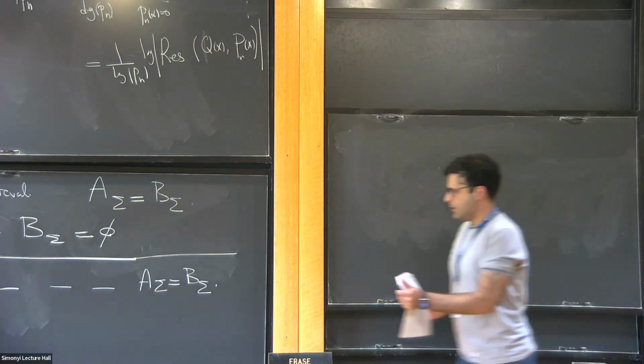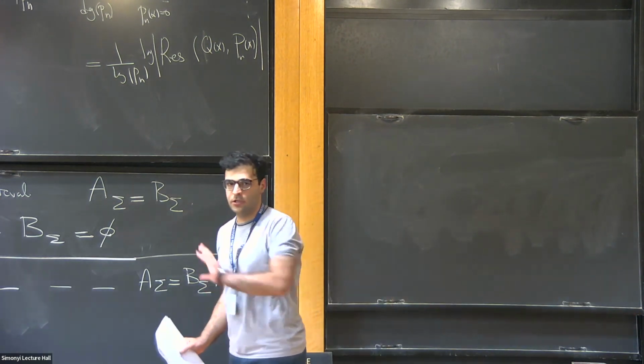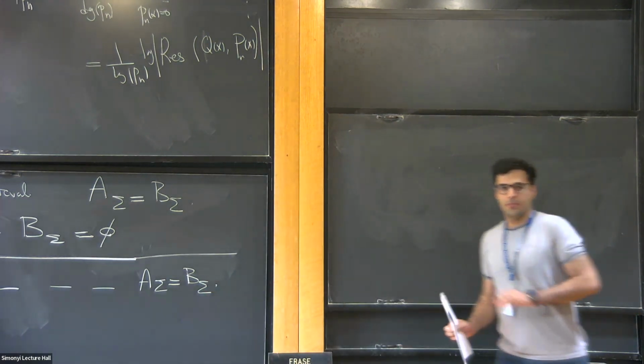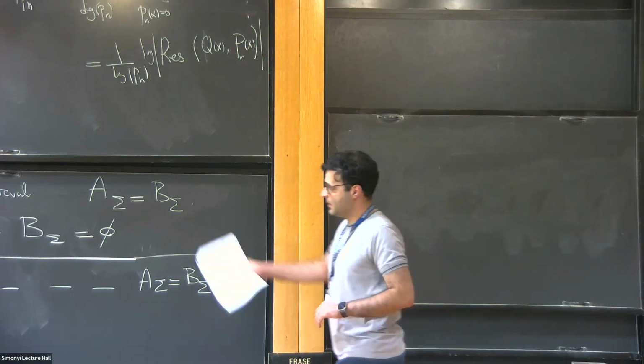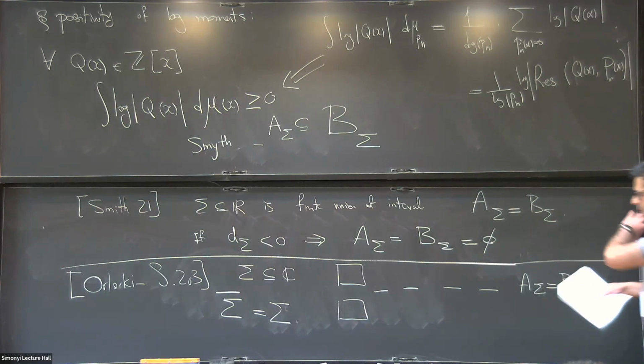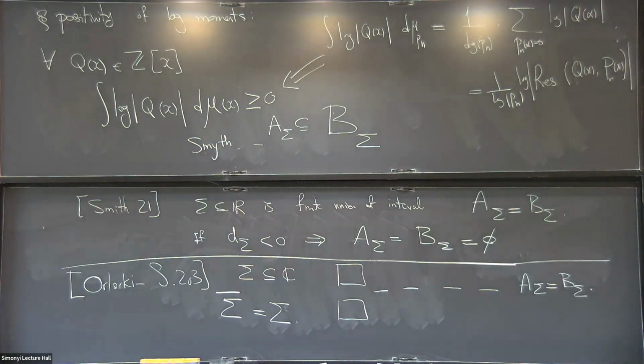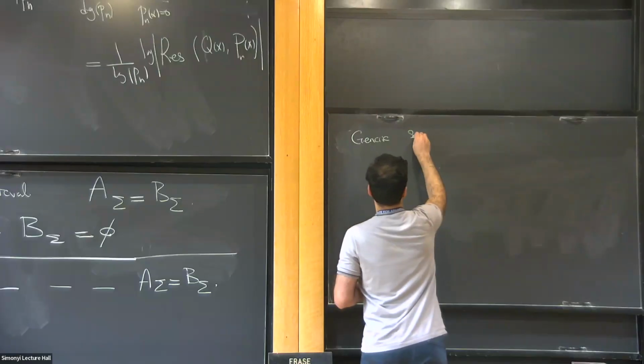So for that, I need to define a notation which is important in our proofs, and it has not been introduced before. So it's a new definition that we denote as a generic sampling.